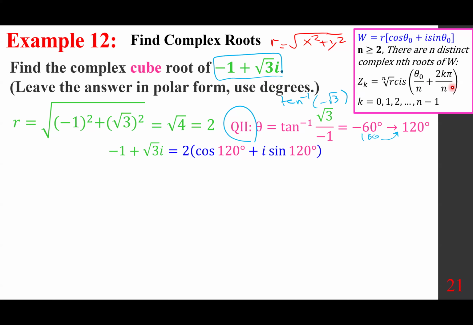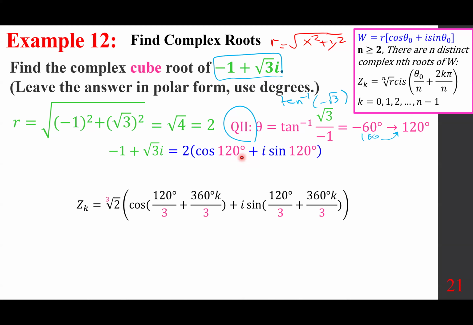So according to that, it would be the nth root, cube root, so z sub k would be cube root of r, which is cube root of 2, cis, you are going to divide this by 3, and then add 2 pi k over n, or 360 degrees times k divided by 3. In this case, we're going to go with the degrees, 360 degrees times k divided by 3.